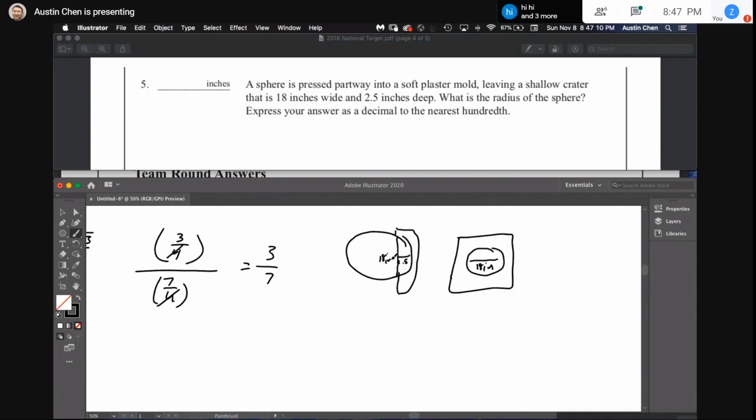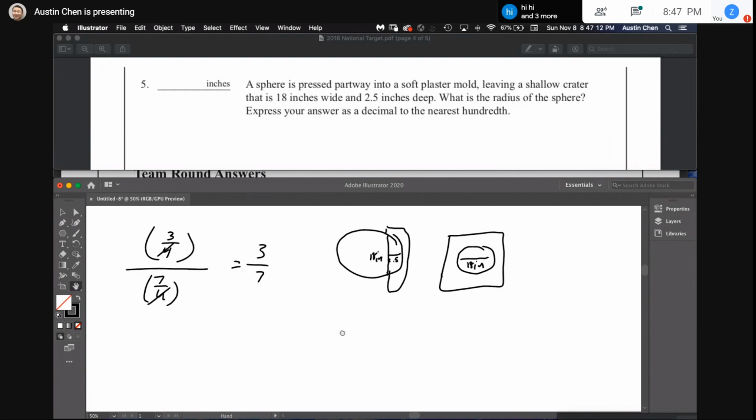So it's basically like we're taking a cross-sectional area of the sphere, and we see that that circle is 18 inches in diameter, and it's 2.5 inches from the outside of the sphere. Then we want to find the radius of the sphere. So we probably want to try drawing some things.